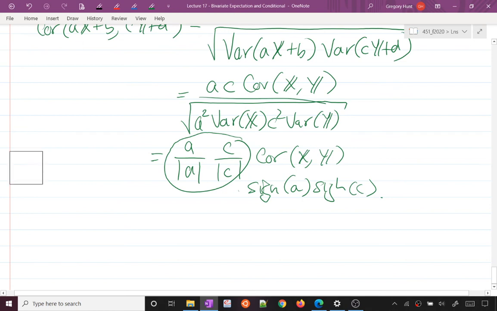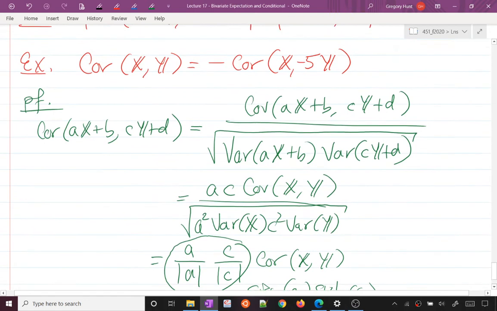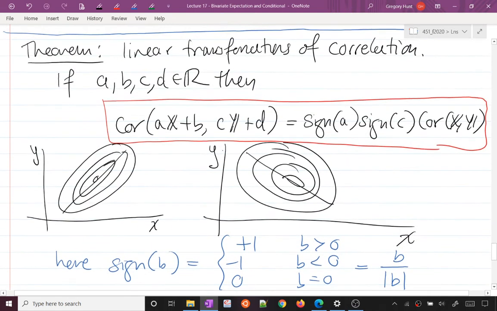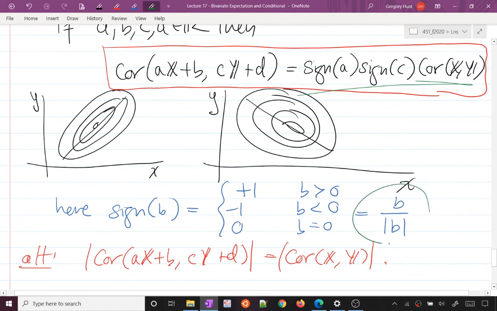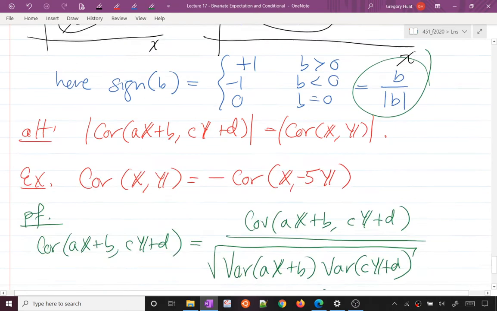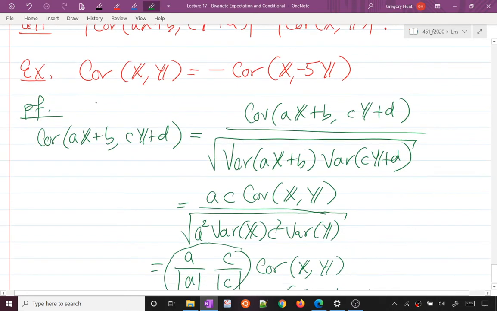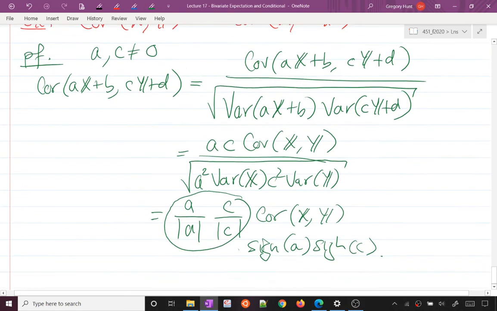So sign a times sign c, you flip it depending on whether you change the sign or not, and then you just multiply by the correlation, which is exactly what we had written up here, right? Because our sign function can be cleverly written like that. This is the case where a and c are not equal to 0. If a or c are equal to 0, it's kind of a trivial thing to prove.